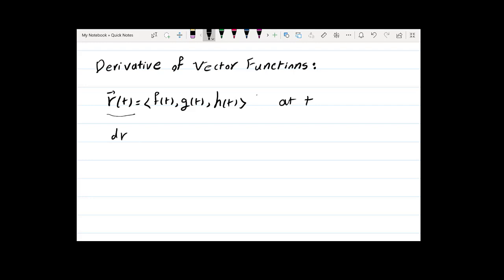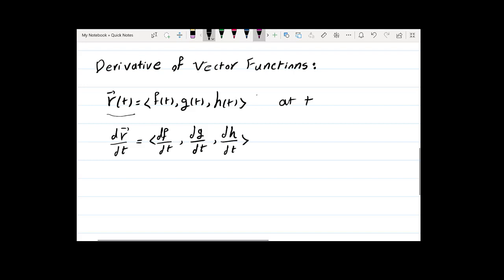And the derivative of r with respect to t is equal derivative of f with respect to t, derivative of g with respect to t, and derivative of h with respect to t.